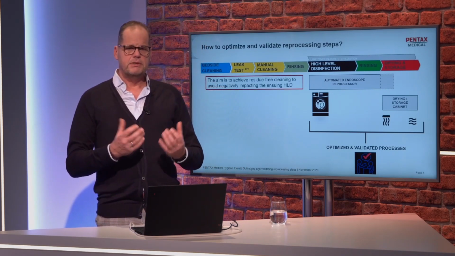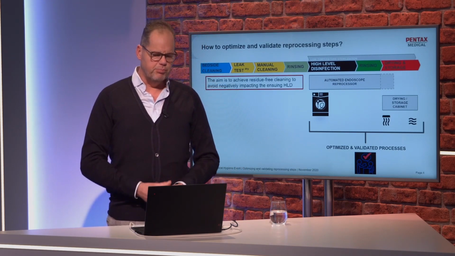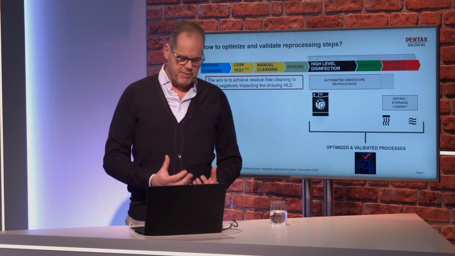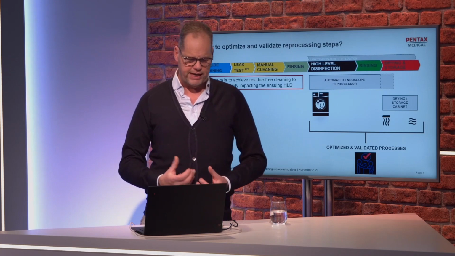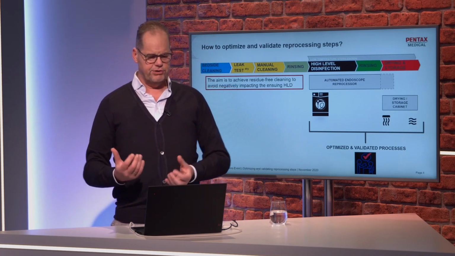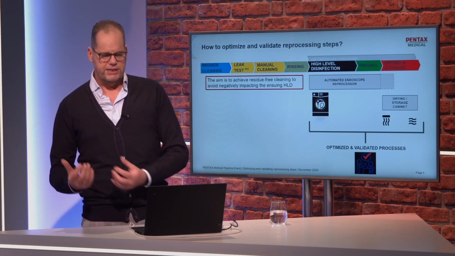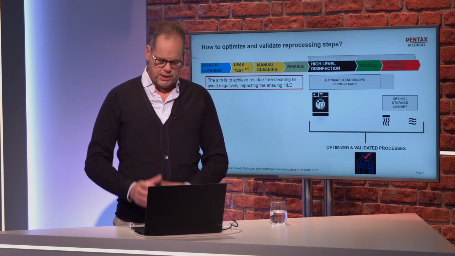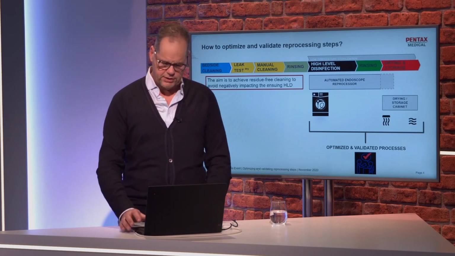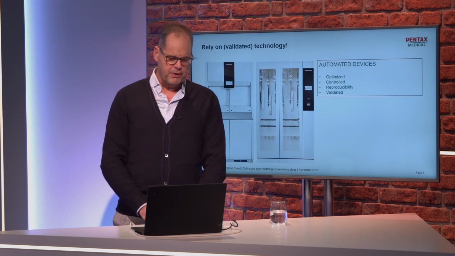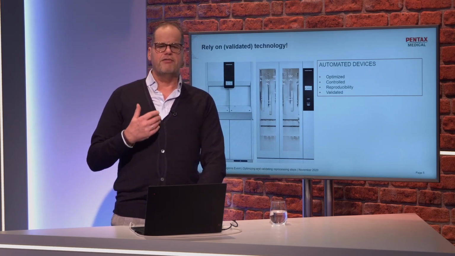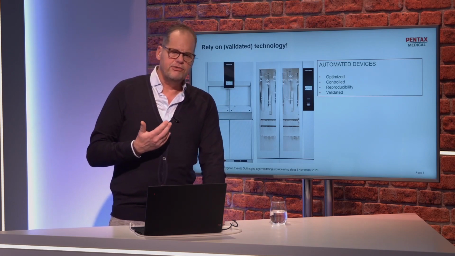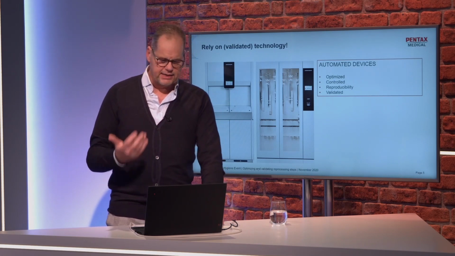But coming to the most important steps, the manual cleaning, the aim is to achieve residue-free cleaning to avoid negatively impacting the ensuing high-level disinfection. So it's important to do the first thing in the first way and in a good way.